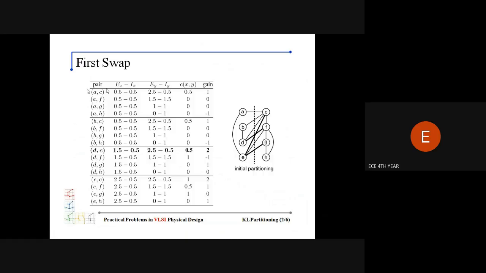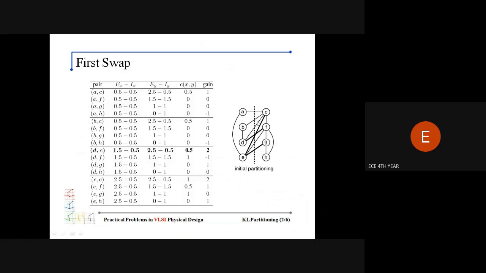Okay. For C, so Y. The pair is X and Y. Here X is A and Y is C. Because we are checking between A and C. So Y, C is having external edges. How many? C. 1, 2, 3, 4. 4 edges. And of those 4 edges, 3 are thin lines.